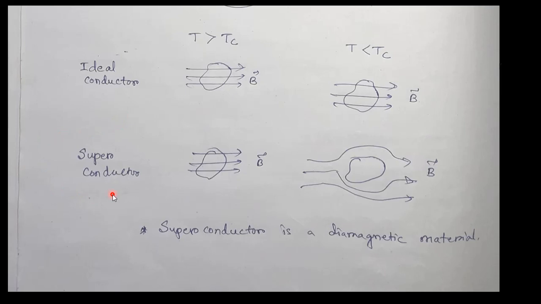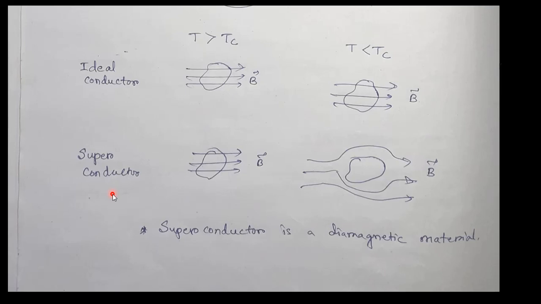So using this experiment, you can confirm whether a material becomes a superconductor or not. All metals cannot be superconductors. A metal can be a superconductor if it behaves like this type of phenomenon.